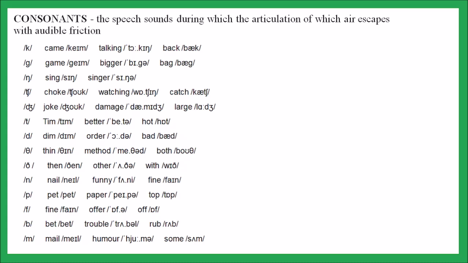Most often the sound is pronounced only as t. Tim, better, hot. Okay. Then after t comes d. D as in dim, order, bad. So t and d.